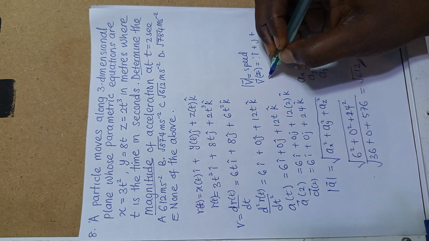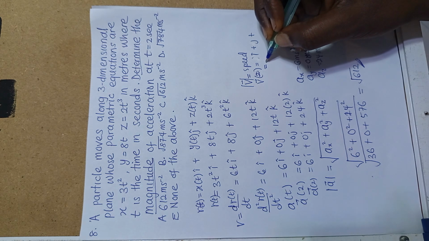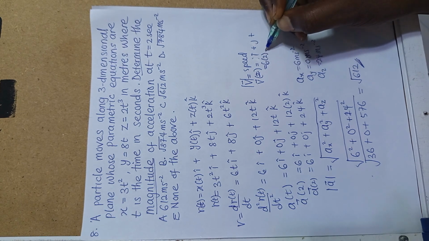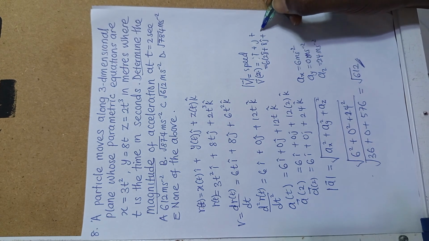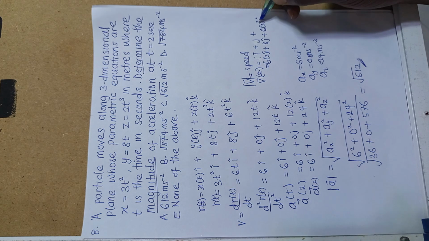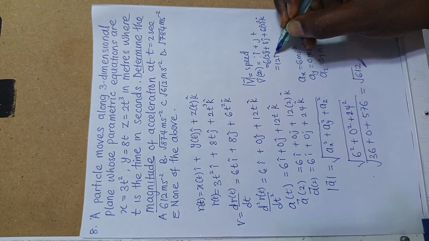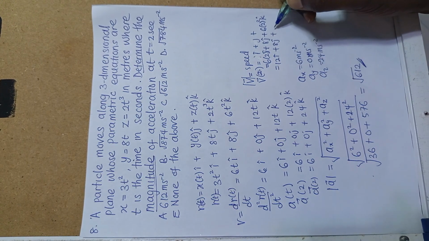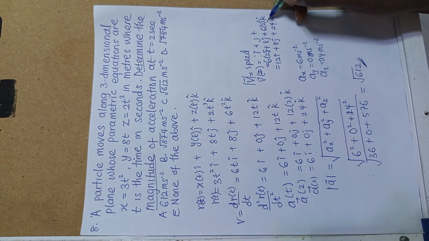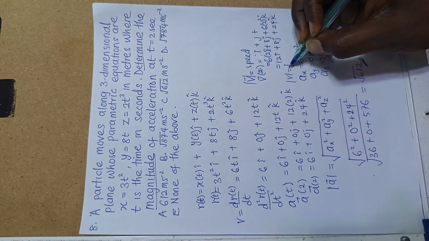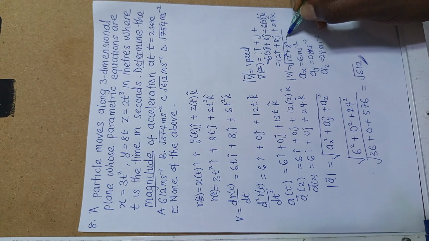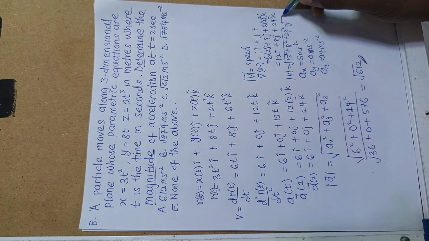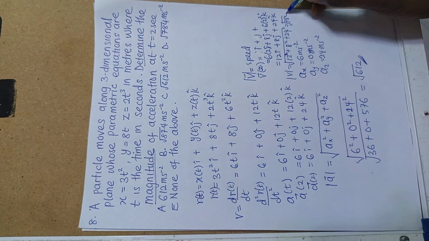So velocity at 2 will give us 6 into 2 i plus 8j plus 6 into 2 squared k, which gives us 12i plus 8j plus 24k. If you do the square root of this, 12 squared plus 8 squared plus 24 squared, we are going to have the square root of 784.